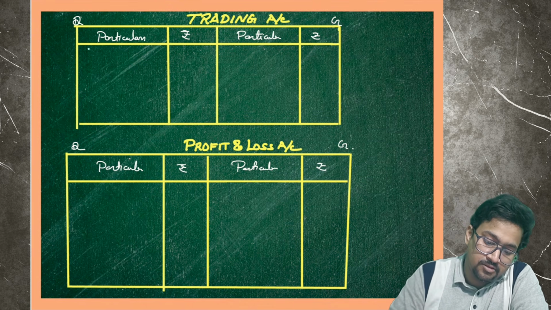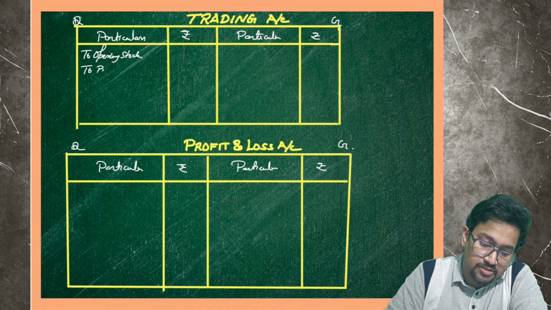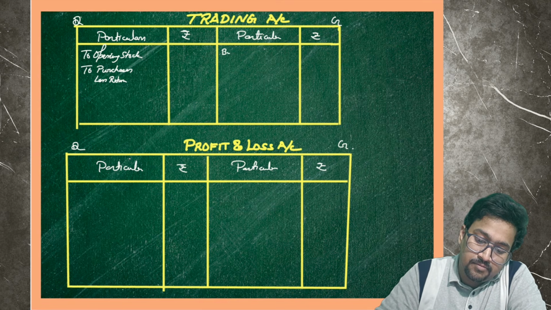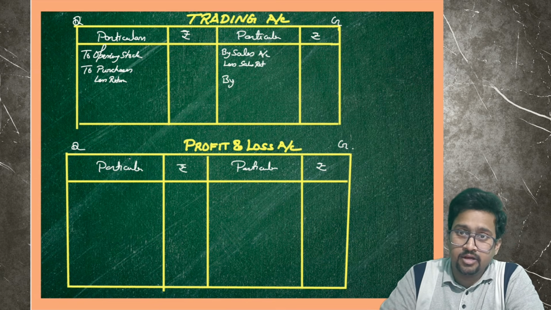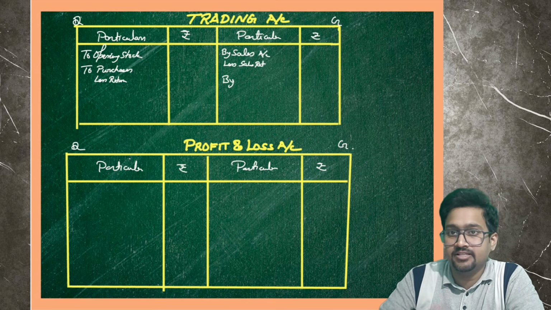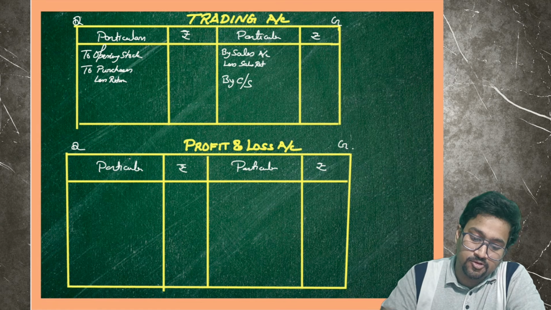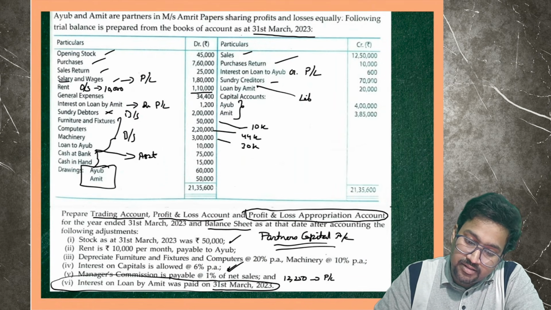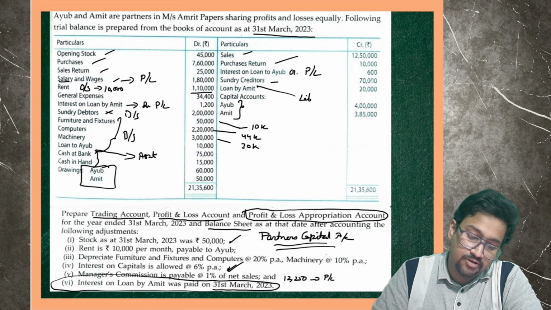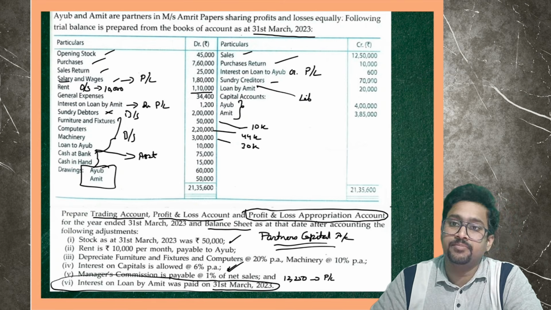So to opening stock, to purchases less return, by sales account less sales return, and obviously closing stock is given outside the trial balance, so that will also come here in the trading as well as the balance sheet. So by closing stock.